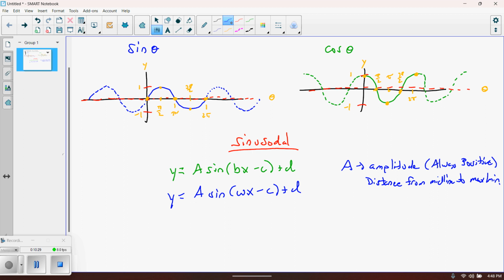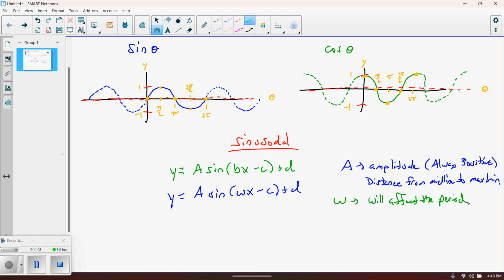The omega part has to do with your period. For right now, it will affect the period. It is not actually going to be the period, but it will tell you some information about how to find the period. And the period is how long it takes for sine or cosine, or any curve for that matter, to complete one full cycle.